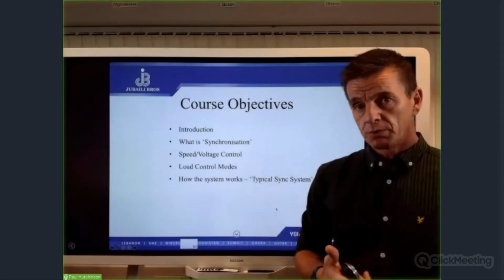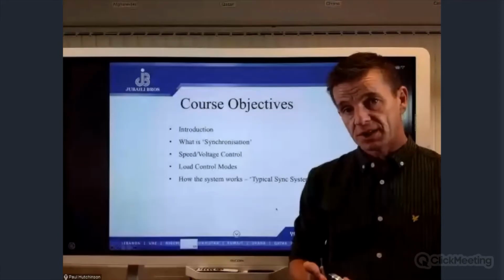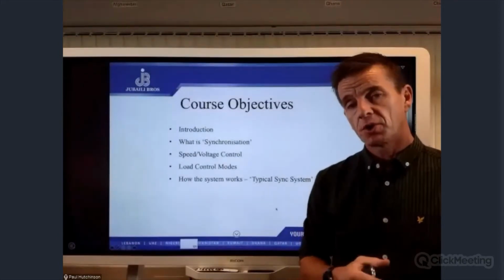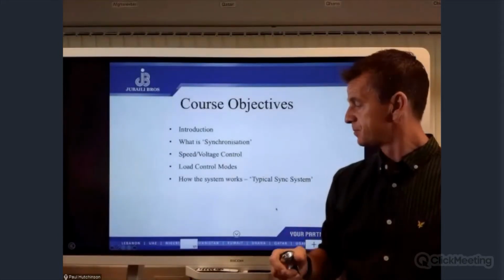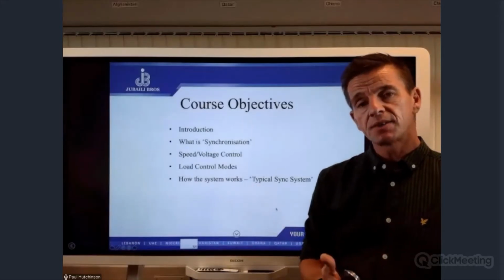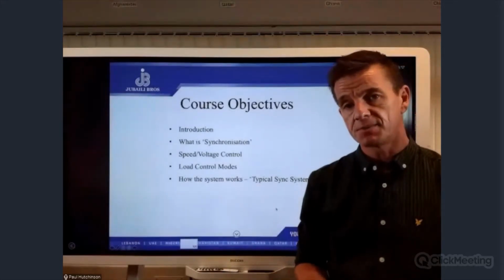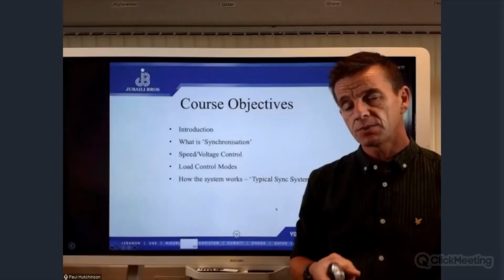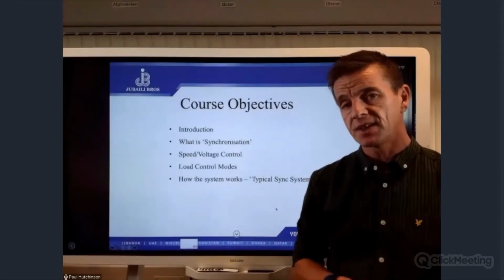Some basic load control modes. There are lots of different types of control out there, but we'll talk about some of the basic ones. And how the system works. What is a typical synchronizing system? Okay, so we'll go through all those topics briefly today, in the time we have.